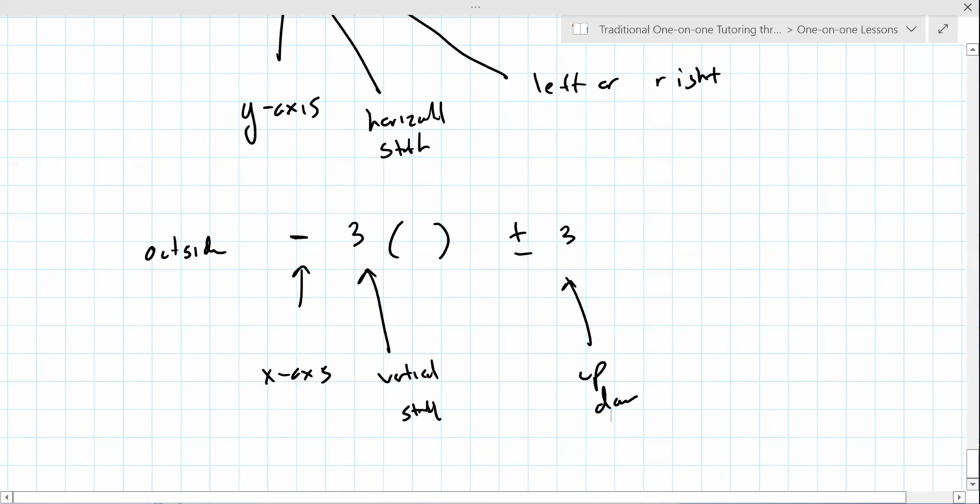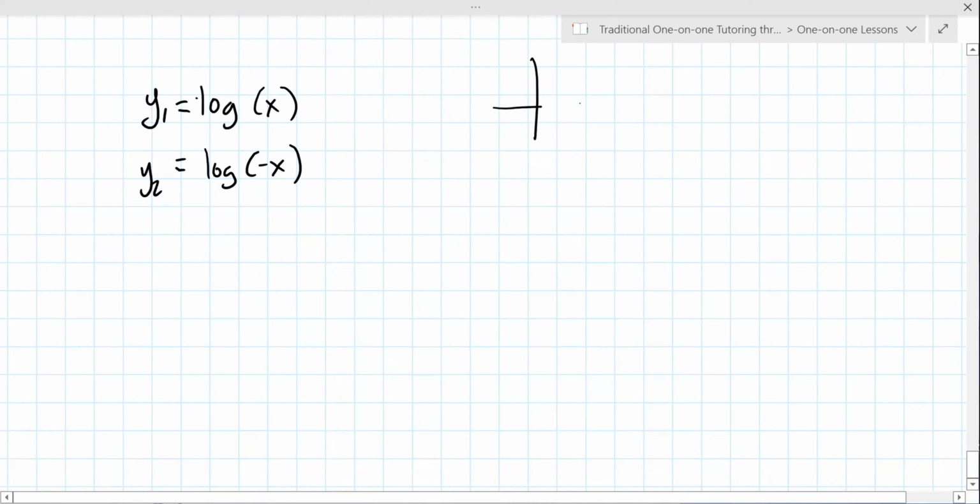Here's another thing that I used to do. You can go to your calculator and graph log x and then log minus x in y1 and y2. For example, log x will look like this, and the second one will reflect over the y-axis, so it'll look like that on the same graph.